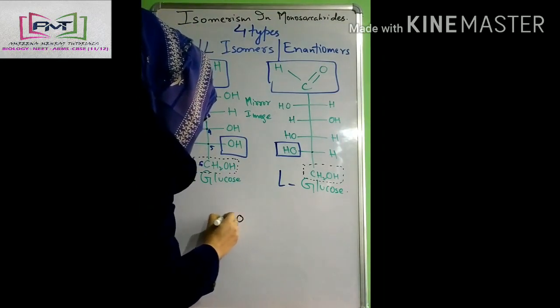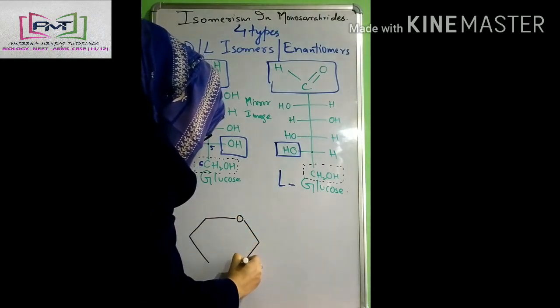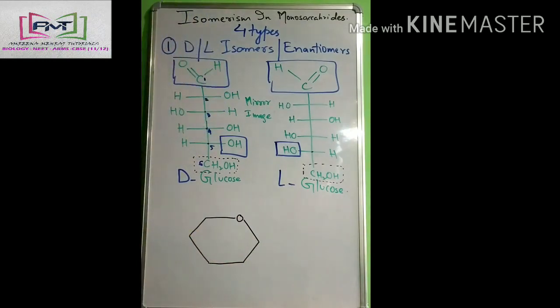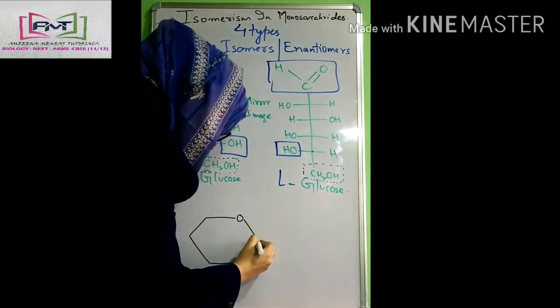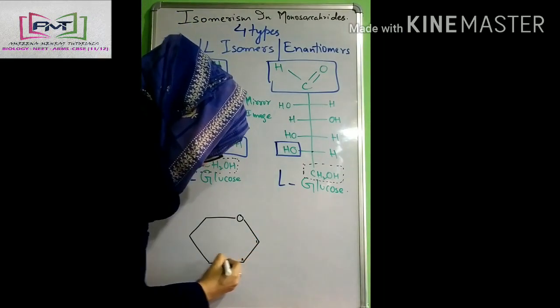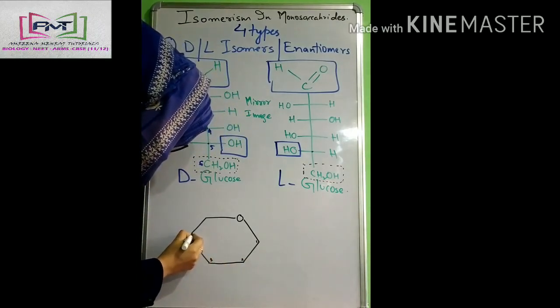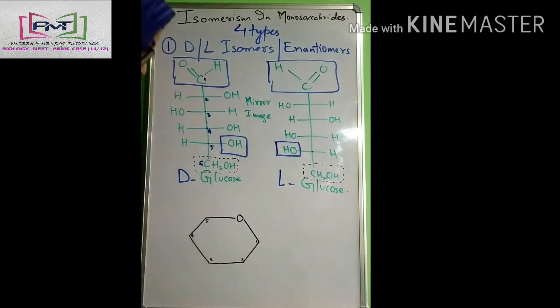I'll be going with the hexagonal ring for glucose. So over here, this represents carbon number 1. This corner represents carbon number 2. This corner represents carbon number 3. This corner represents carbon number 4. This carbon represents carbon number 5.